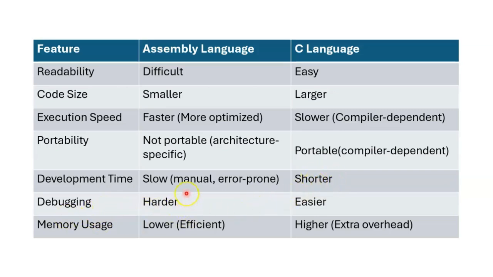For debugging, generally speaking, debugging an assembler program is harder compared to the C language, where it's easier. And then the final point I'd like to make is memory usage. It is lower, more efficient, but that is for the assembly language. And for C, the memory usage is higher because of the extra overhead.